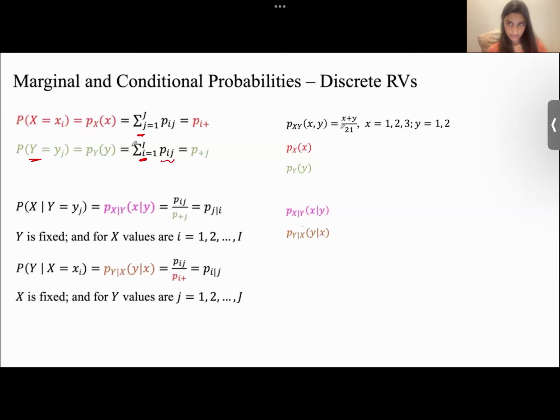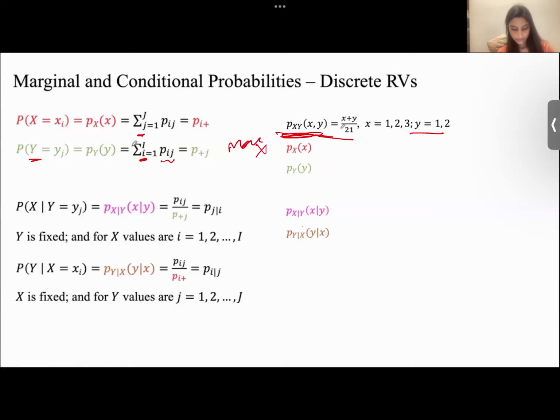So we could look at this simple example here. What is given here is your joint probability, given by (X plus Y) by 21. The given values of X are 1, 2, 3 and Y is 1 and 2. If you want to find the marginal probability of X, you apply all the values of Y to this expression and sum it up.